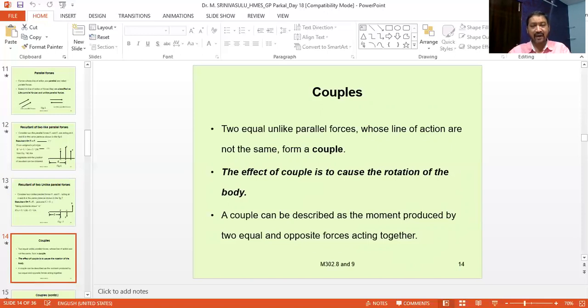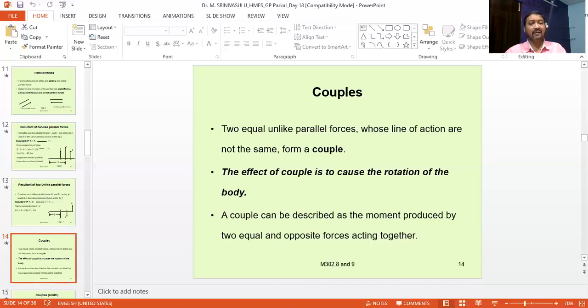So the definition is: two equal unlike parallel forces acting on a body and separated by some distance form a couple.